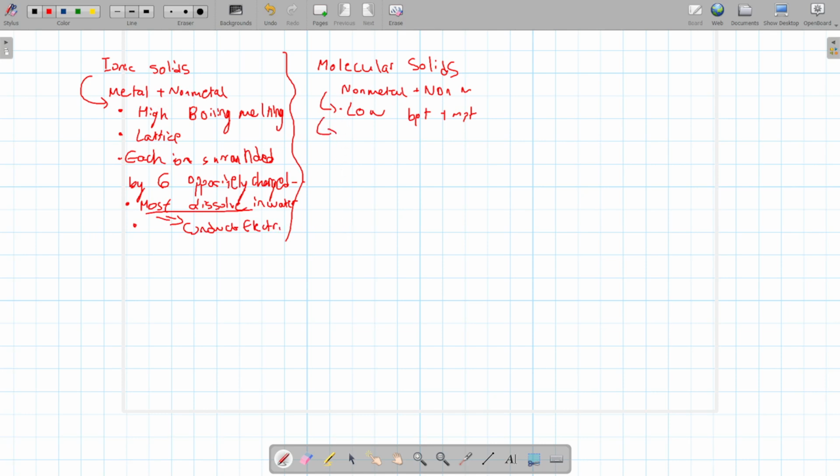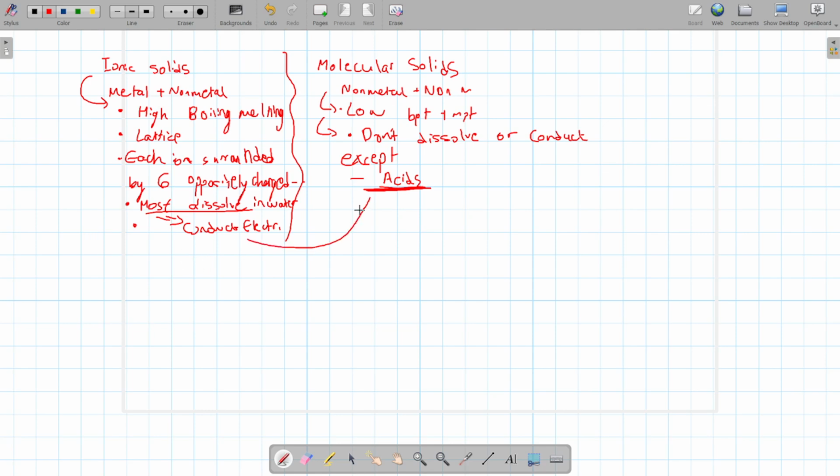Molecular solids don't dissolve or conduct, except some molecular solids. What are they? Acids. I don't think they're going to ask, because acids are the only molecular solids that can dissolve in water and conduct electricity.